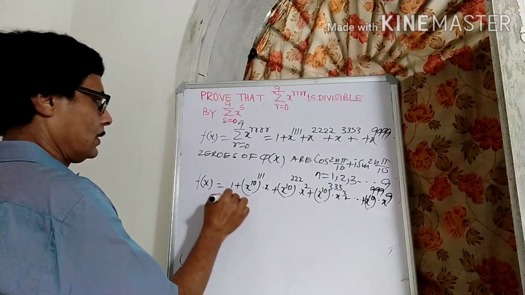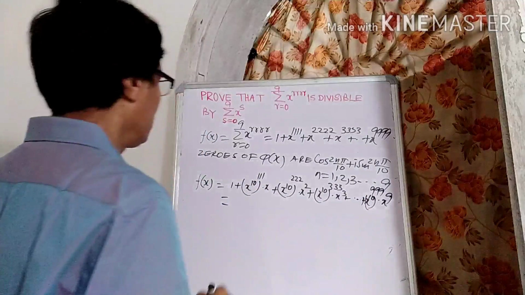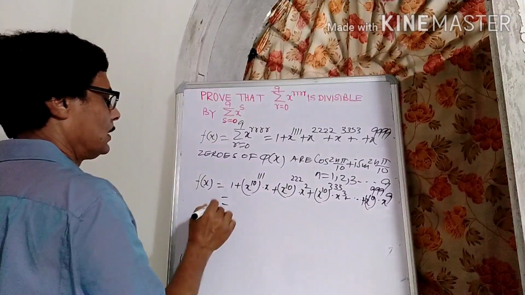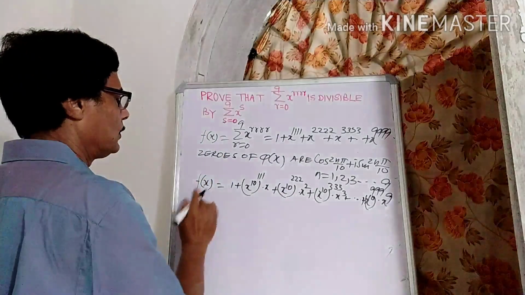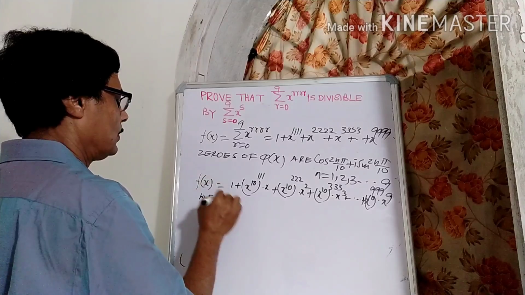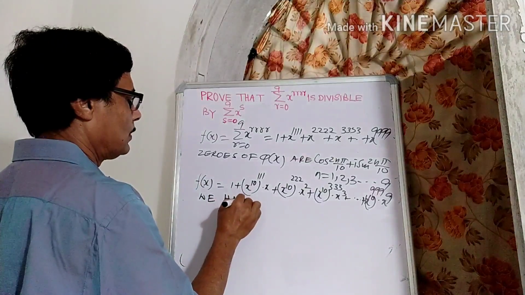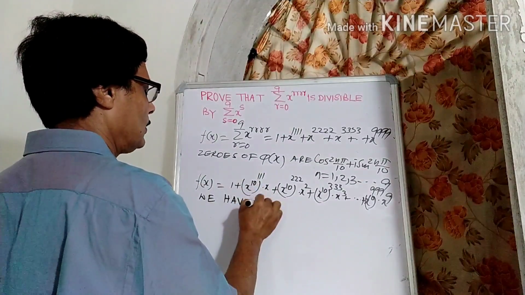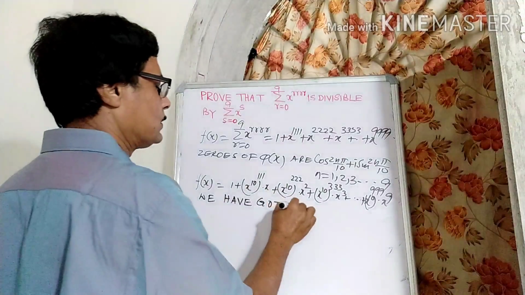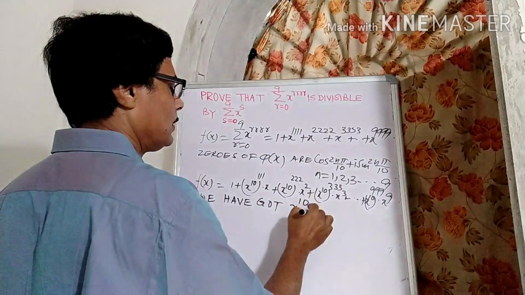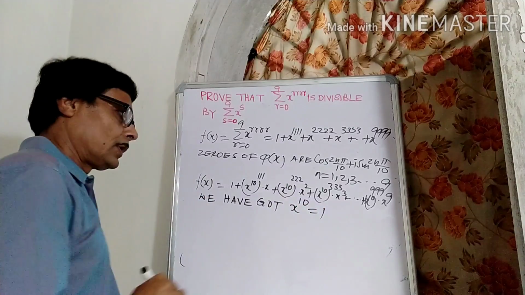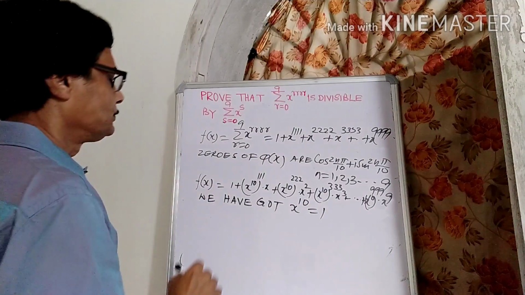Now we have already got x to the power 10 equal to 1.